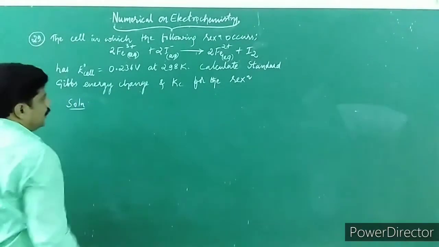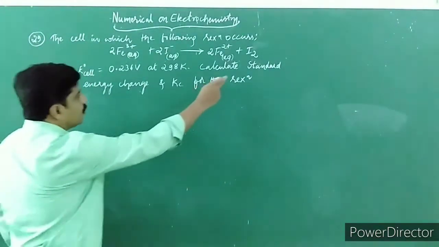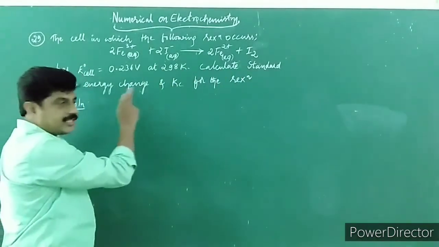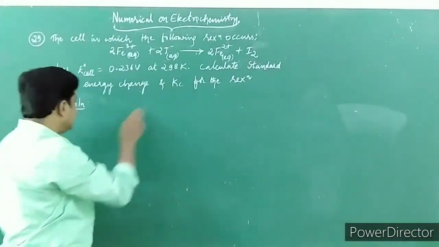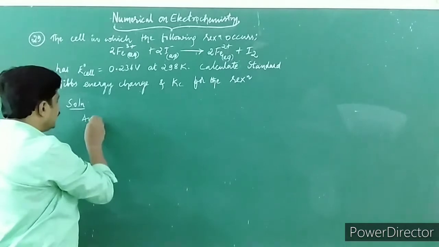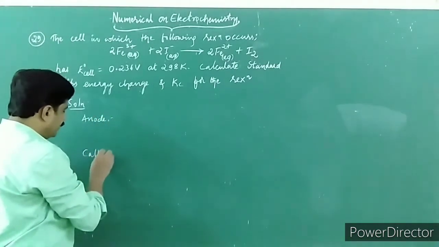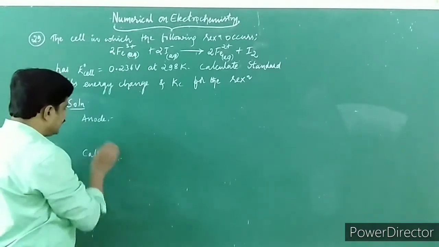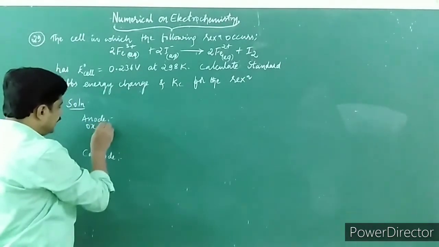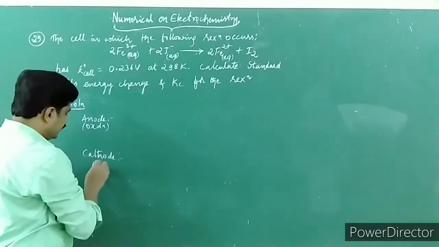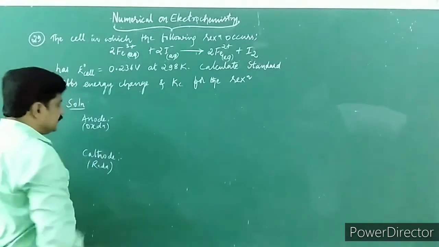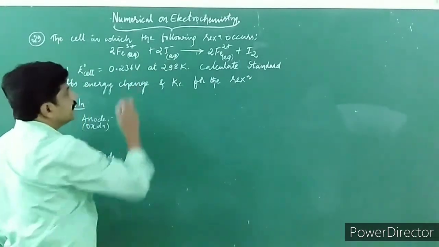Solution. Children, before finding out the standard Gibbs energy change and equilibrium constant, let me write the anodic and cathodic reactions. And you know that at the anode, oxidation takes place, is it not? Whereas at the cathode, reduction takes place. Look at here.